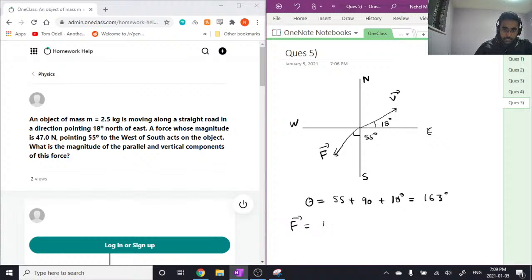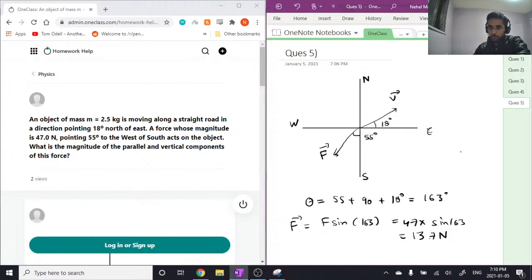One would be F sine 163, which is equal to 47 times sine of 163, which is 13.7 newtons.